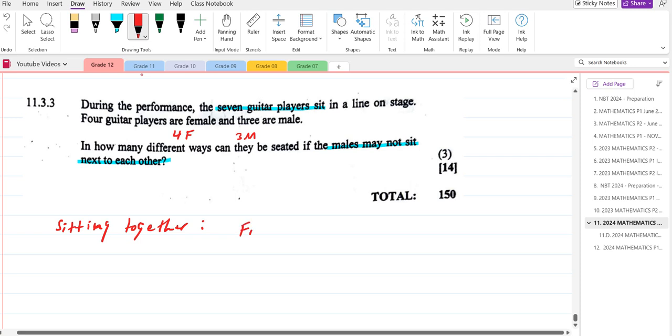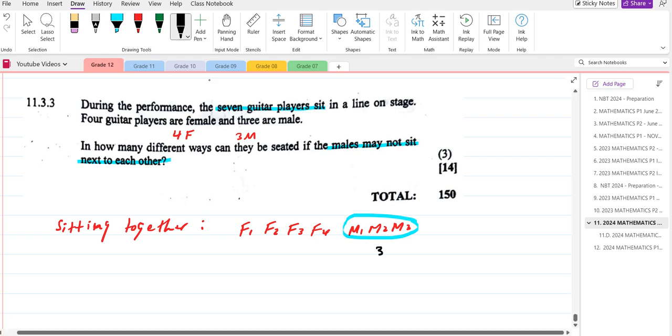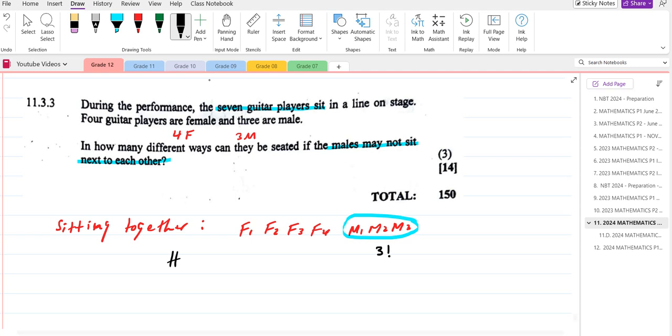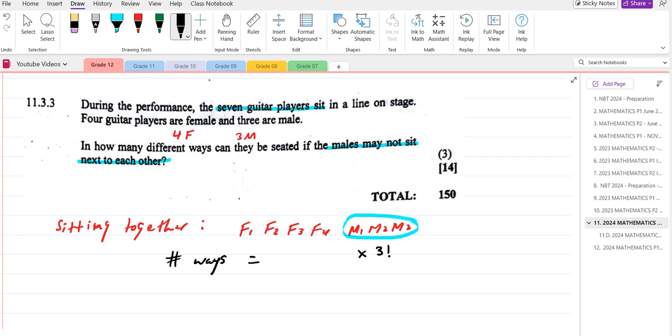So we got female 1, female 2, female 3, female 4, and we got male 1, male 2, male 3. So the 3 males, we're putting them together, right? In how many ways can they sit together? This is basically 3 factorial. Now you count them as a single entity, so they can move into different positions in between the females.